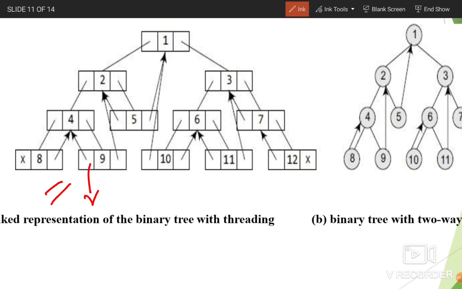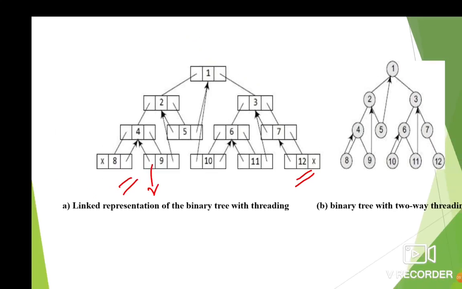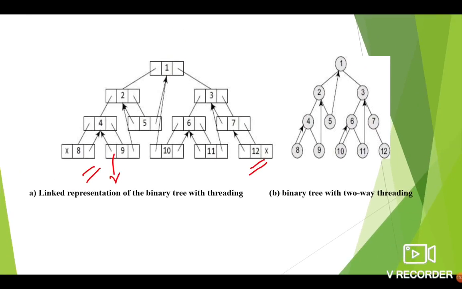So instead of storing null, you can store the address of 4 here. Similarly, for the node 12, since its left child is null, you can store the address of 7 here. So in the right hand side, we have shown the binary tree with two-way threading. Here we have both the left threading as well as the right threading.